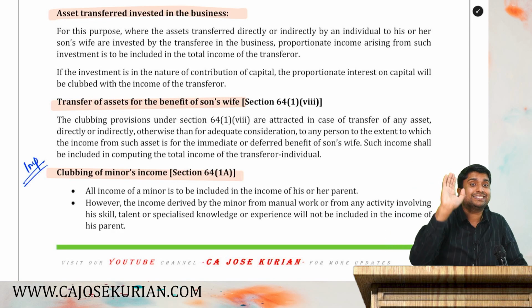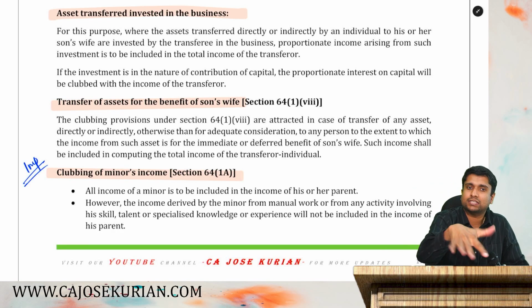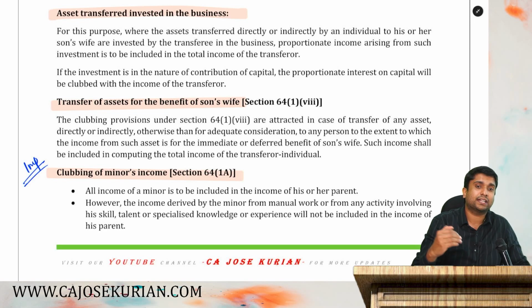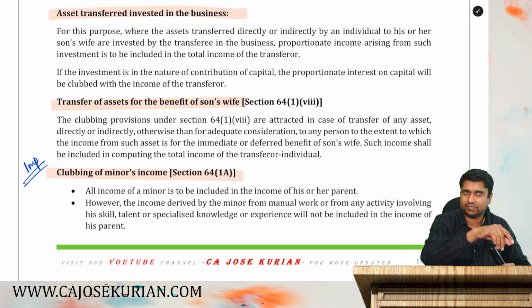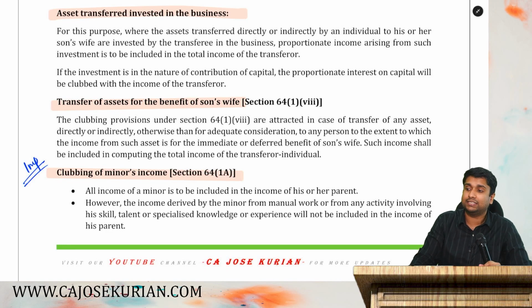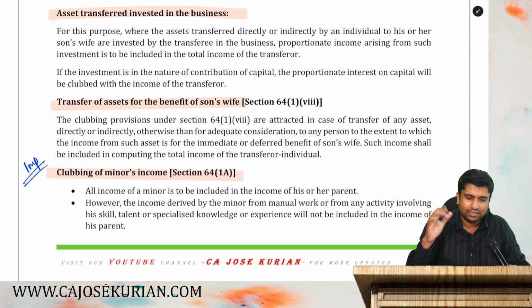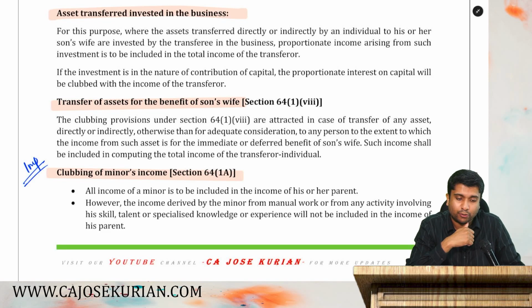If your minor child is a disabled one, then clubbing provisions are not attracted. All the income generated by a minor child suffering from disability is not required to be clubbed. For a normal minor child, income is required to be clubbed.